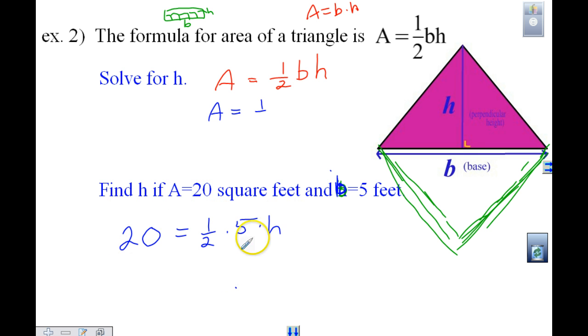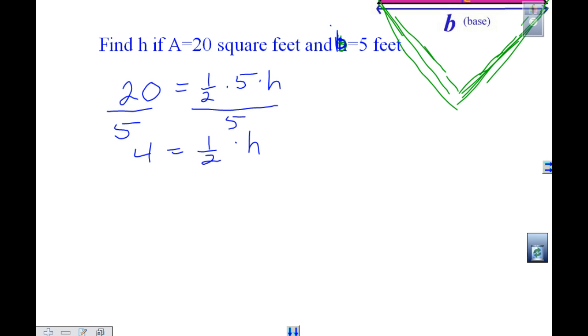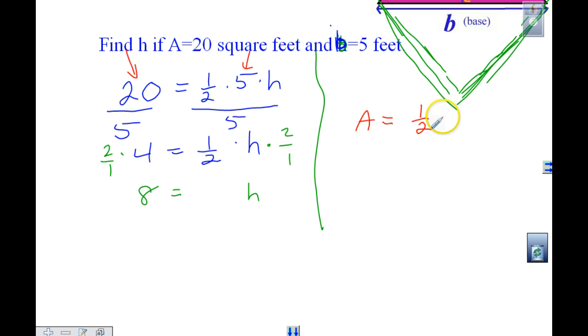So how do we solve this? How would we get h by itself? You could divide both sides by 5. 4 equals 1/2 of h. And then multiply both sides by 2. 8 equals h. So if I want to do it in general, without picking certain numbers like 20 and 5, I can follow the exact same steps.